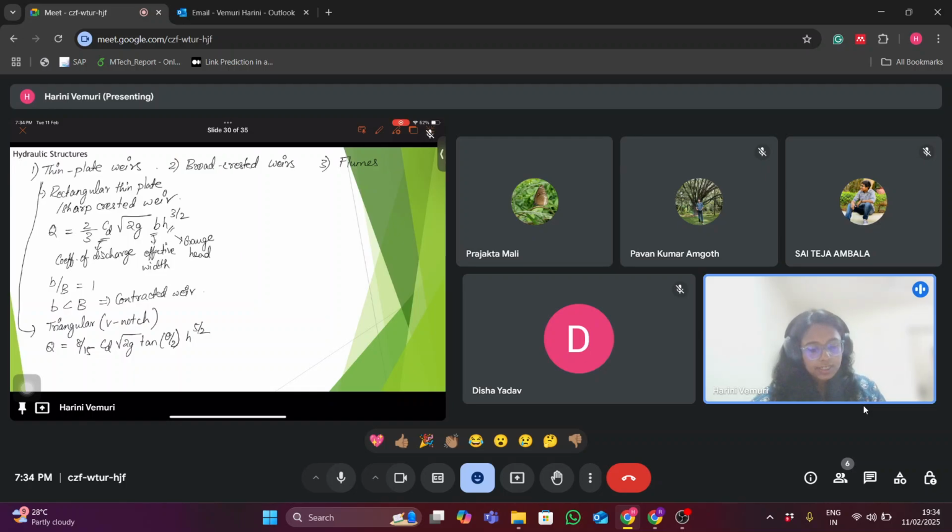Here the same term, CD is coefficient of discharge, g is acceleration due to gravity, theta is the angle made by the triangular notch, that is angle of notch, and H is the gauge head. Okay, if the notch angle is 90 degree, then that's the mostly used type of triangular notch.